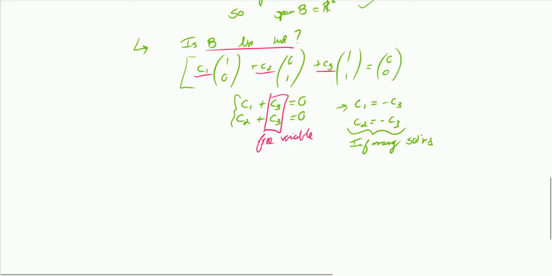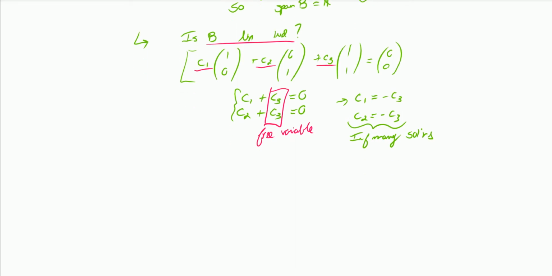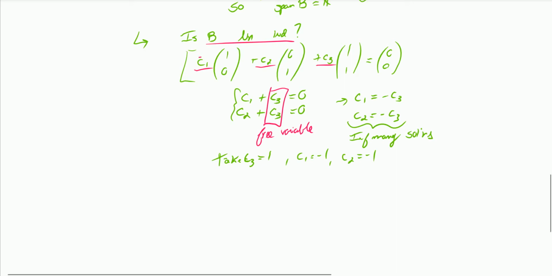So for example, let's take c3 equal 1. That means that c1 is minus 1 and c2 is minus 1. Well, that actually does work, because minus 1 plus 1 is 0, and minus 1 plus 1 is 0.